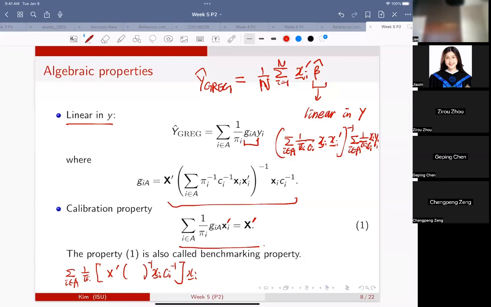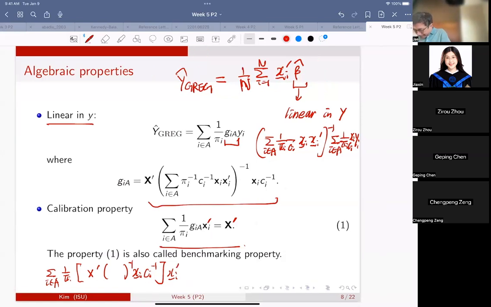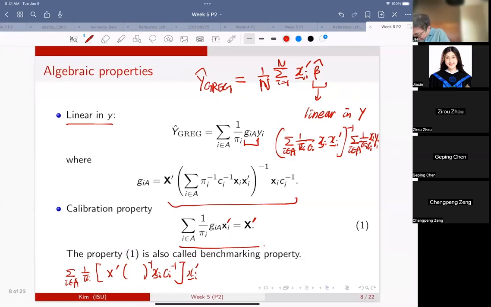You can go either way, so let's prove this version. This summation can go all the way to here, and then you have the summation over 1 over pi_i, x_i prime, c_i.